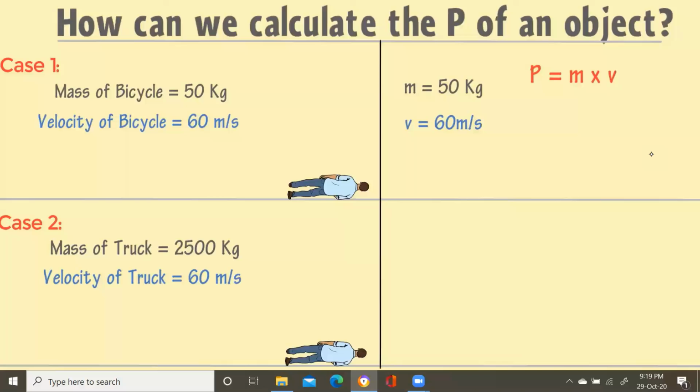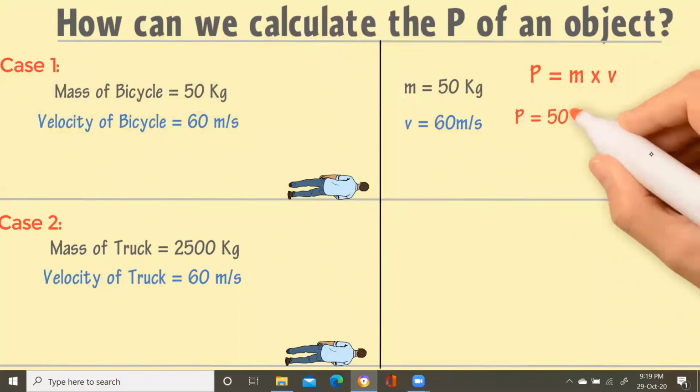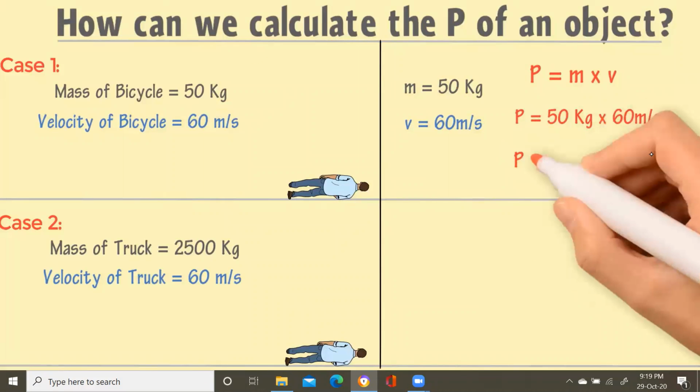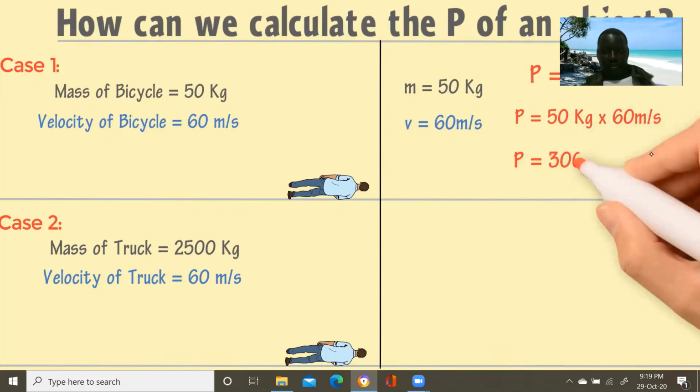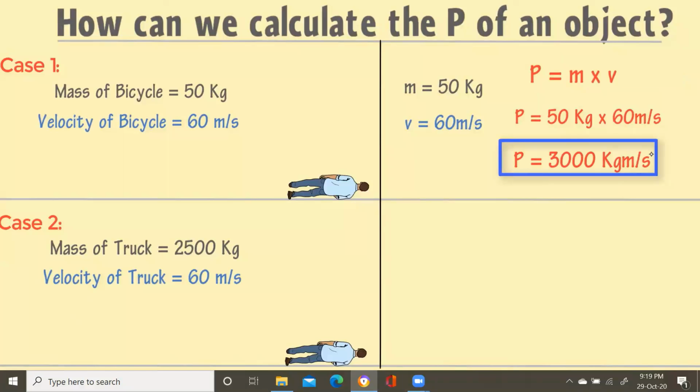Putting values in the formula, p is equal to 50 kg times 60 meter per second. We get 3000 kg meter per second. Hence, the momentum of the bicycle is 3000 kg meter per second.